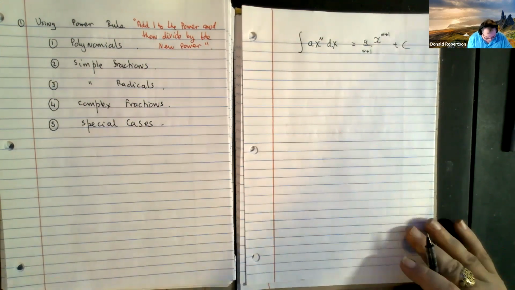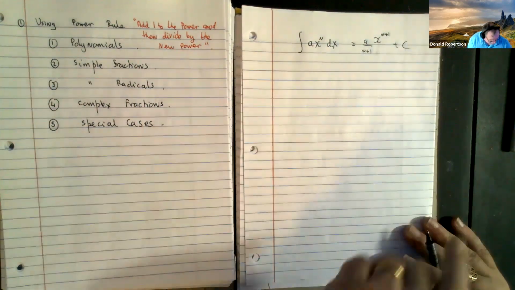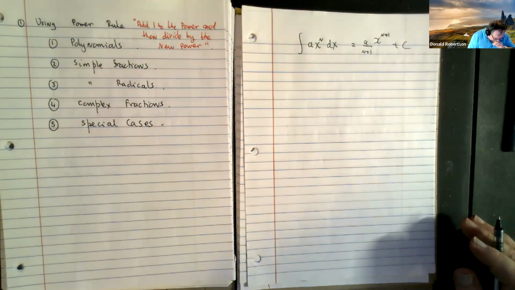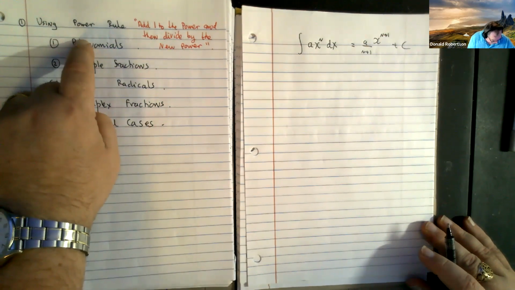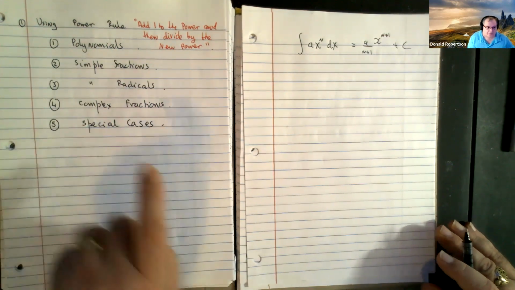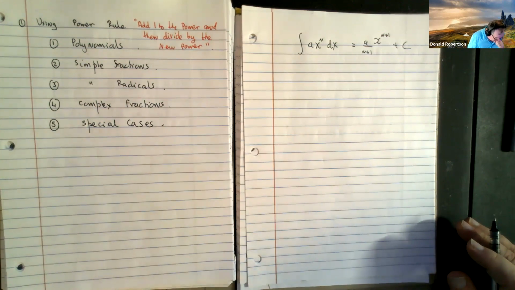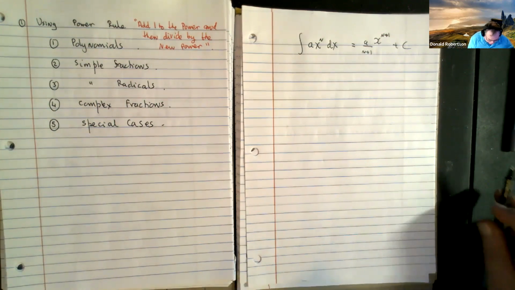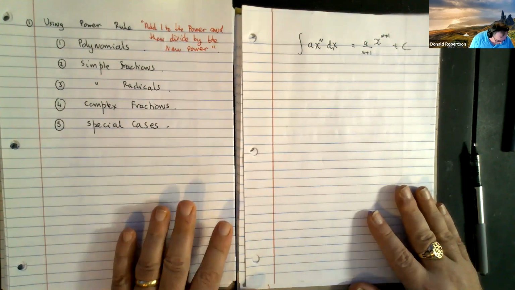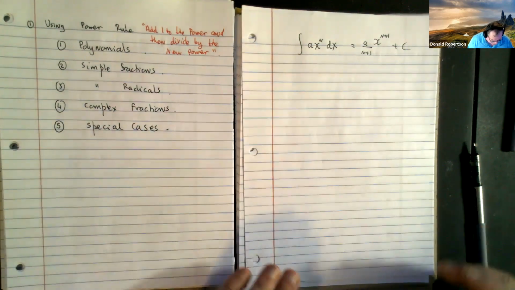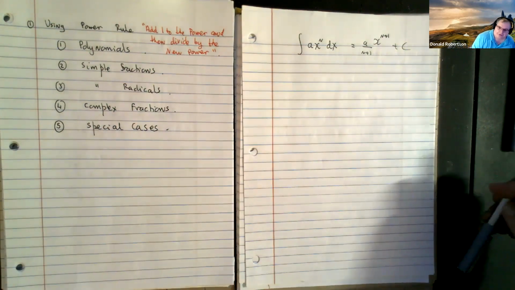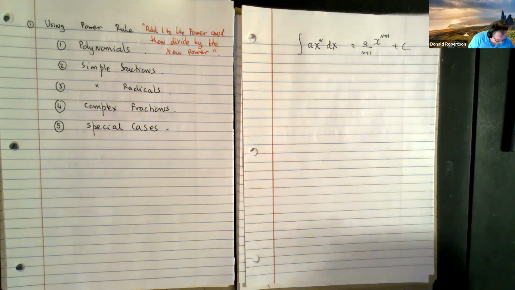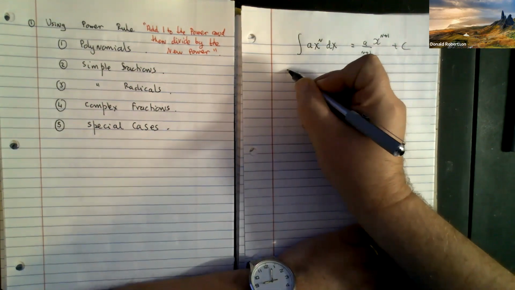So we are going to look at using the power rule to find areas under curves. I'm going to stop calling them areas under curves, which is a bit of a mouthful, and just call them integrals. So let's look at our first integral.